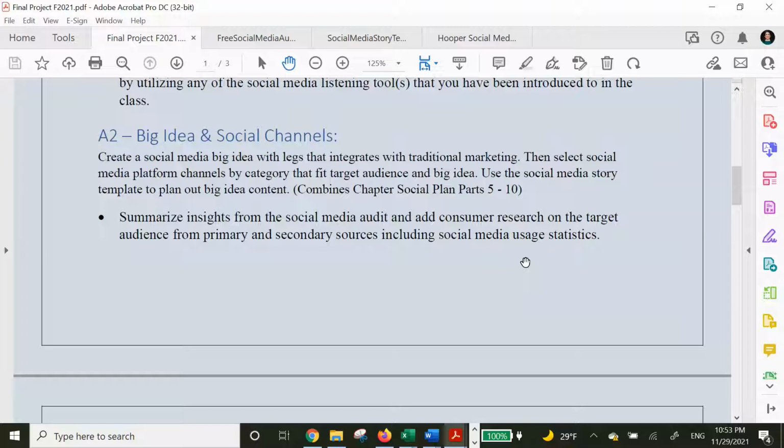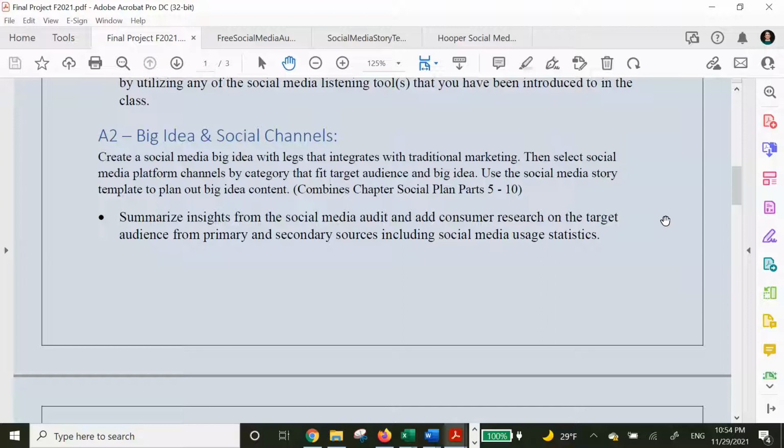So when it says here, big idea with legs that integrates with traditional marketing, it means how my social media strategy is going to be tied to other marketing efforts of the company. Okay, so you will find more about this on the social plans parts 5 and 10.